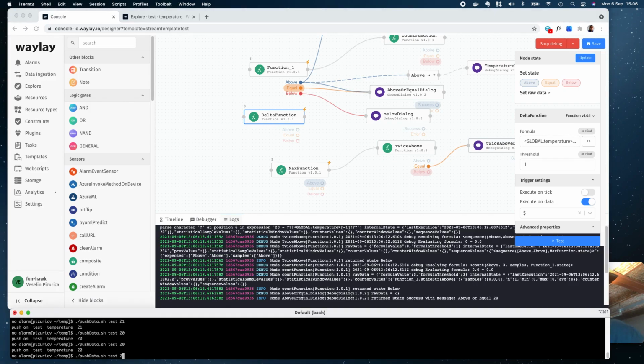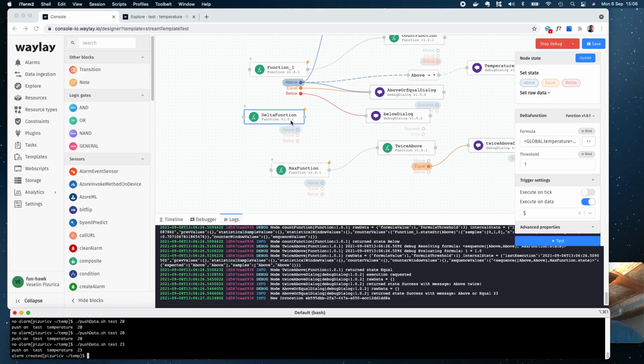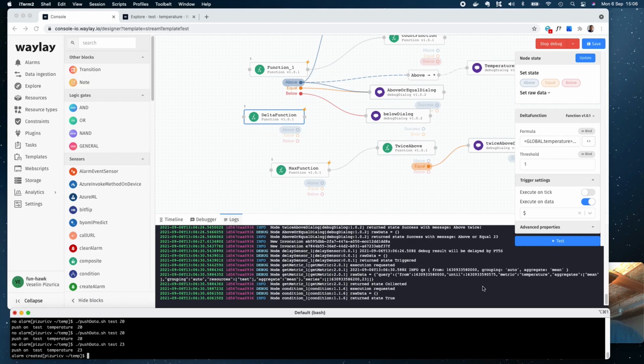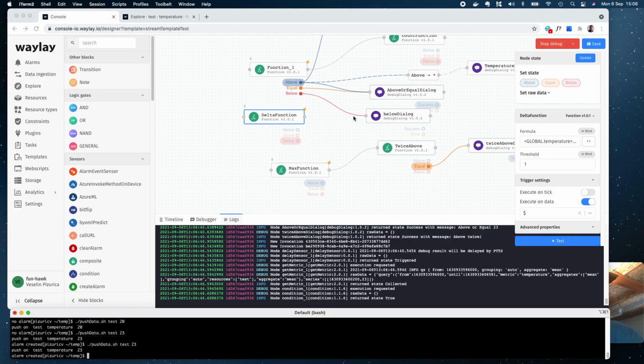If I now put 23 as the next measurement, you're going to see the delta function will be above, because the value is 23 minus 20, which is 3, higher than threshold 1. And if I press 23 again, you'll see it will be below, because now the delta is just 0. So that was that function.